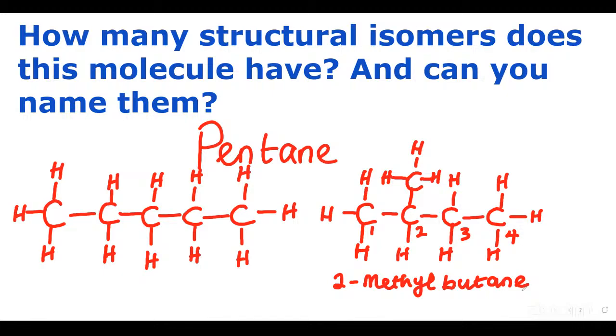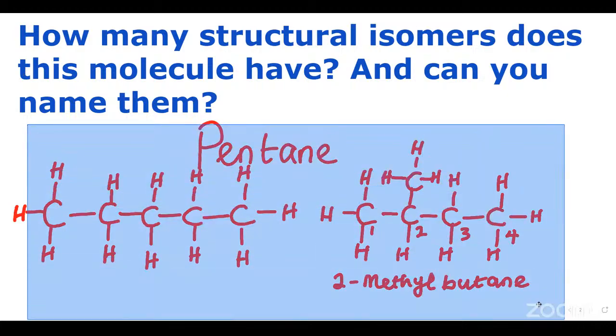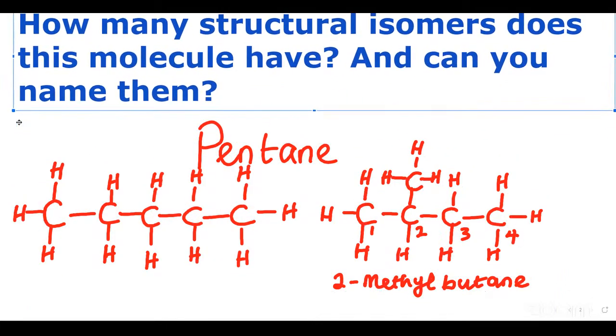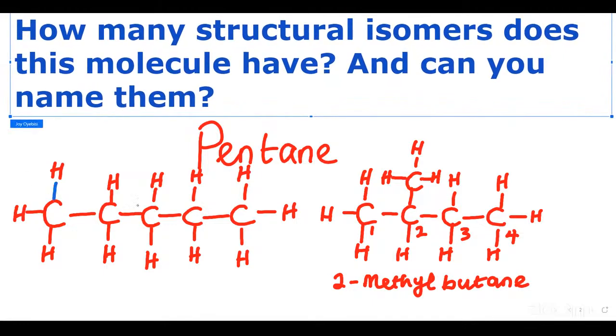So if you said isopentane, you're correct as well, okay? Now, if we move on, the next isomer, I will need some space, so give me some time to reduce this.